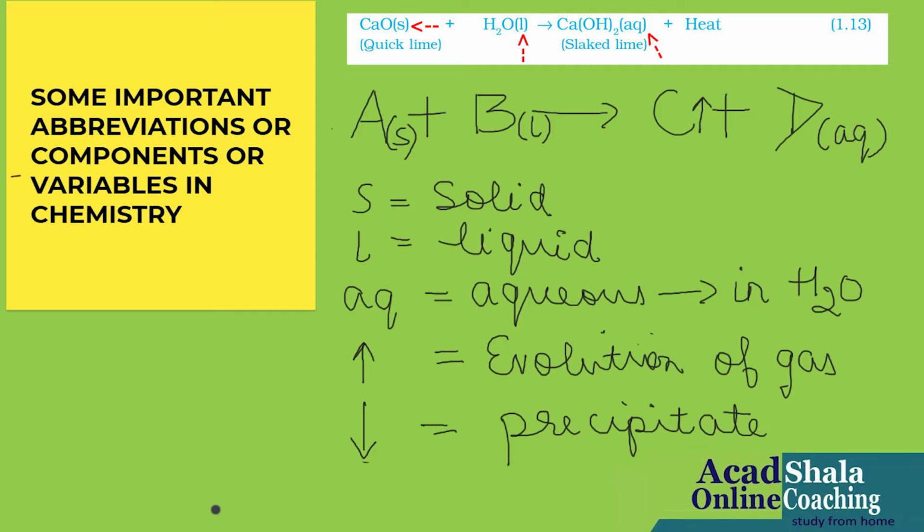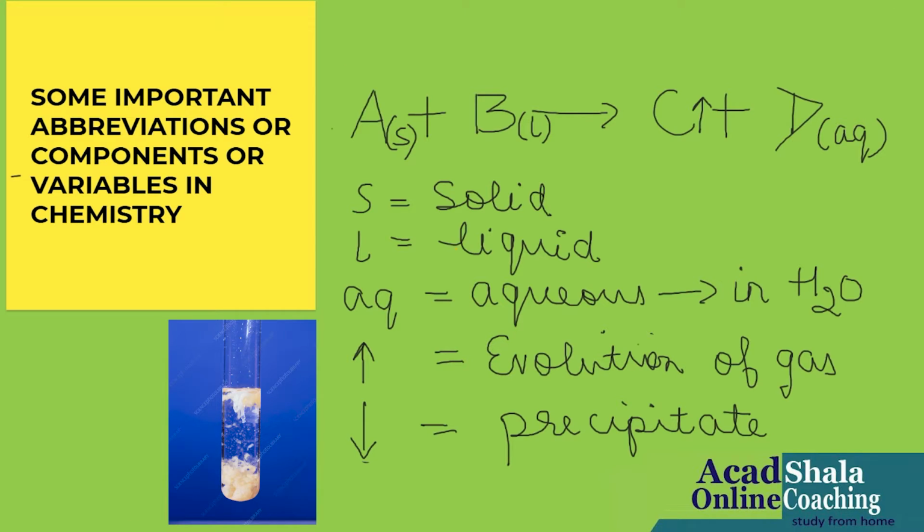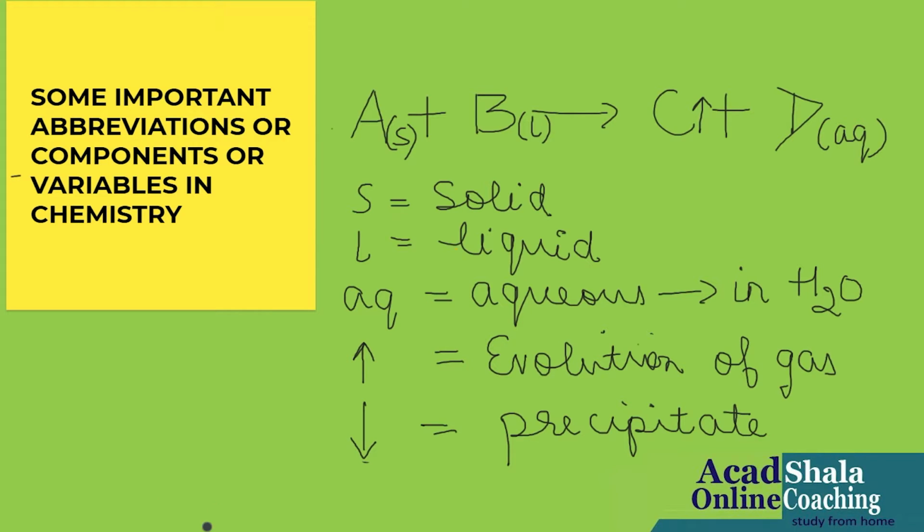Precipitate is what? It is an insoluble substance formed in a chemical reaction. You may see the thread-like structures at the base, which we call precipitate. And precipitates do have color, which you have to memorize according to the reaction.